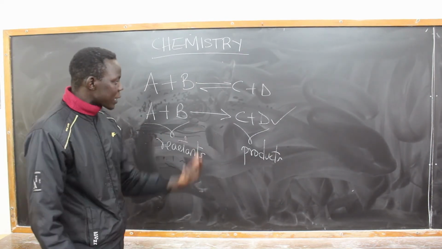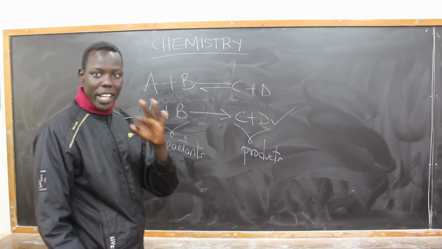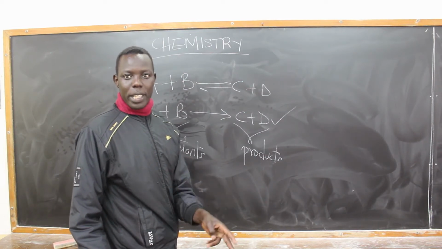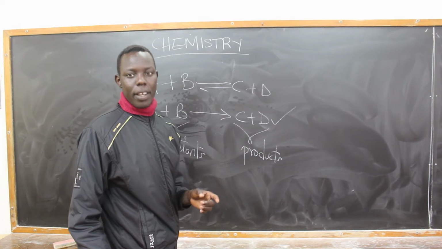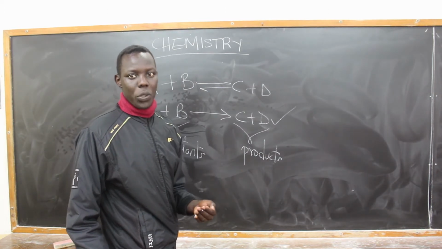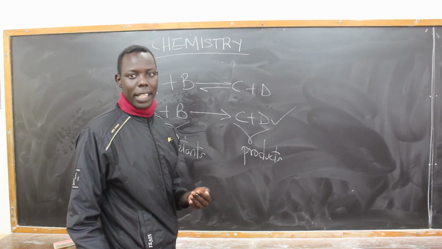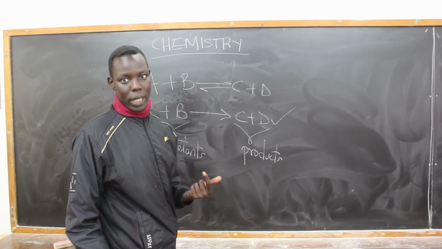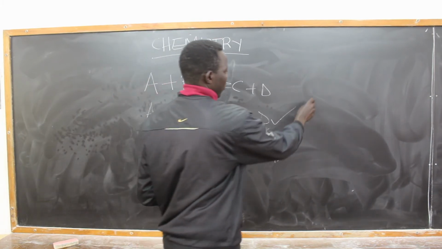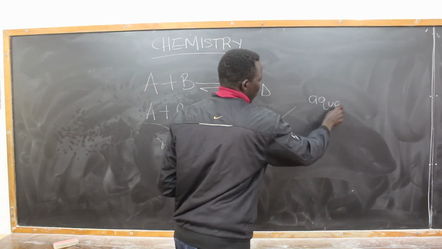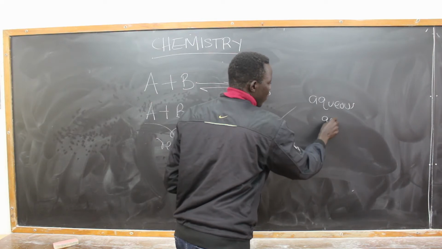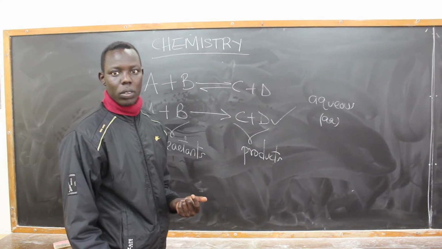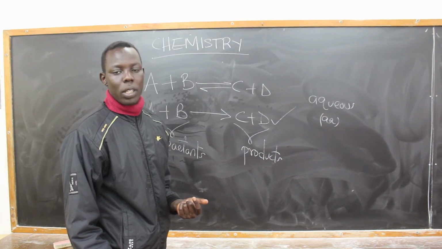After knowing the products, remember we have 3 states of matter. We have solid, liquid, and gas. Then we have another one that I'm going to add. When a substance is in solution form, we say the state is aqueous, always abbreviated as aq. Not kq, I'm saying aq.